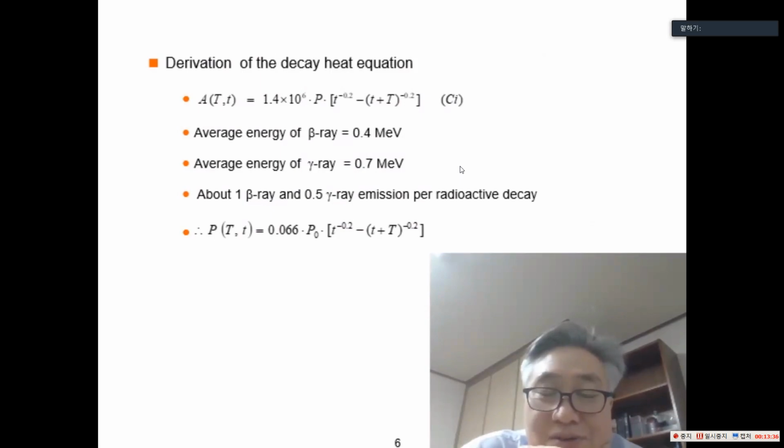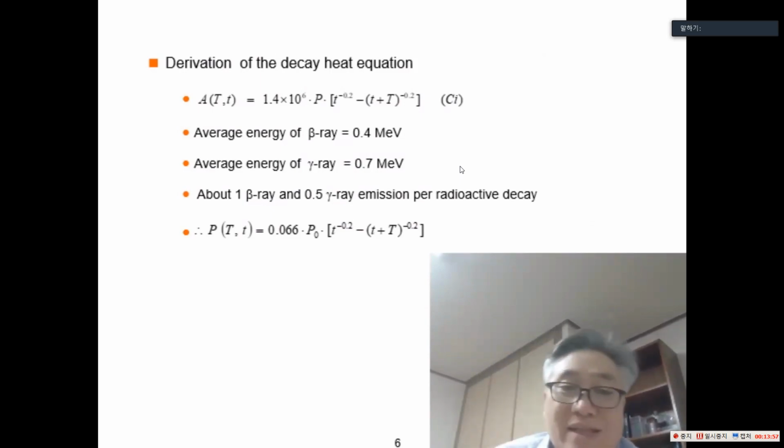Thus the nuclear reactor operates for large T period and shuts down, and stays for small t period, and the power is 0.066 times the original power, right? So when small t is zero, it means just after the nuclear shutdown.